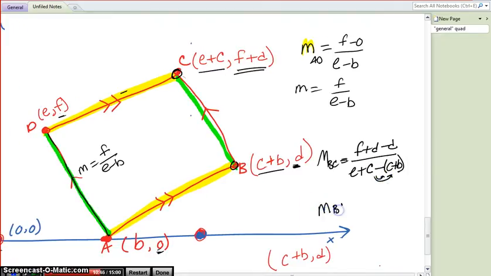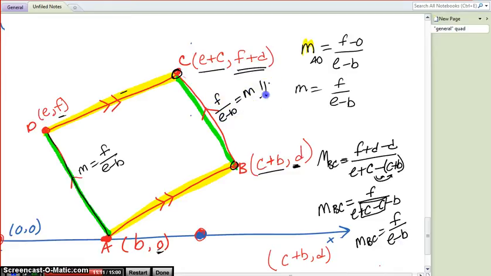So when we simplify this slope for segment BC, we have F plus D minus D. Well, that's just F. And E plus C minus C, minus B. C minus C is nothing. So that's F over E minus B. Is the slope the same? That's really good news.